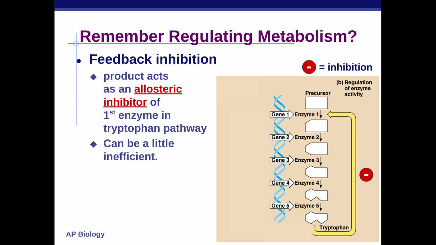So this is allosteric inhibition. If you remember, the word allosteric means binding at a site which is not the active site. So this is an example of an allosteric inhibition where a product acts as an inhibitor of the enzymatic pathways that lead to its production, and this is called feedback inhibition because the more product that is produced, the less the pathway will proceed.